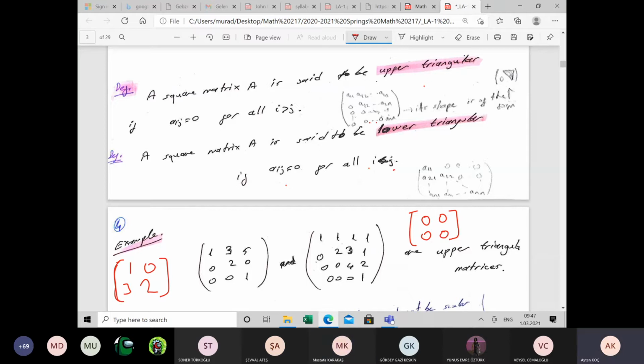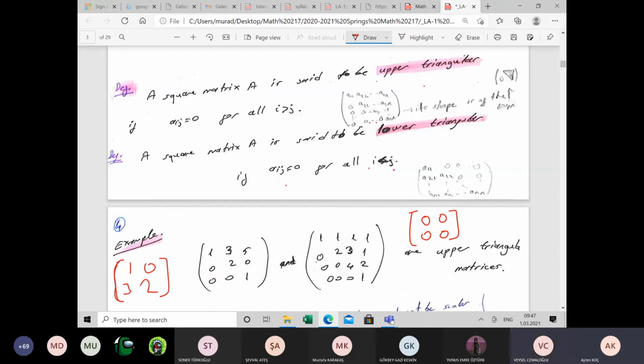And every zero matrix is an upper triangular and lower triangular matrix. Is it true? No. What's the reason?